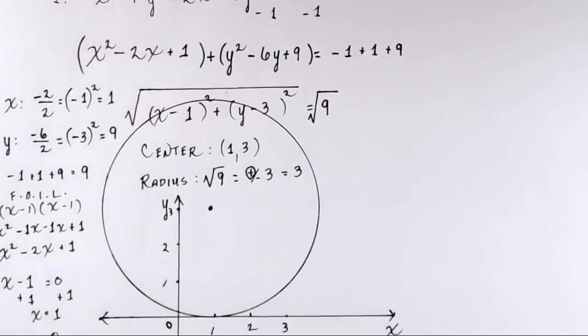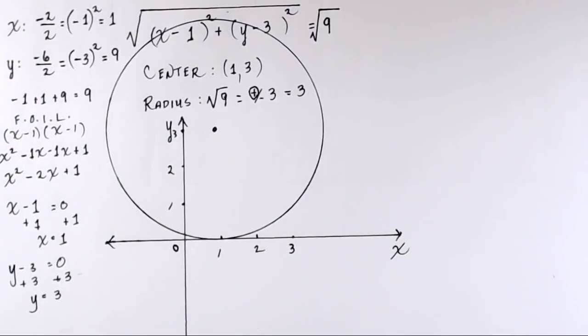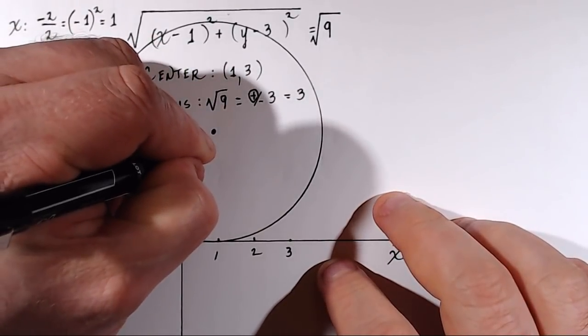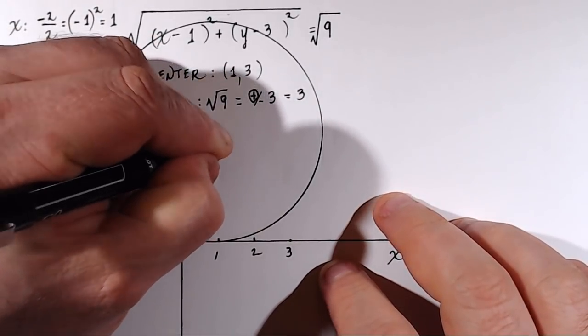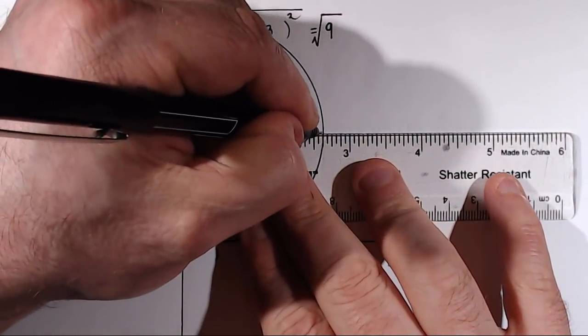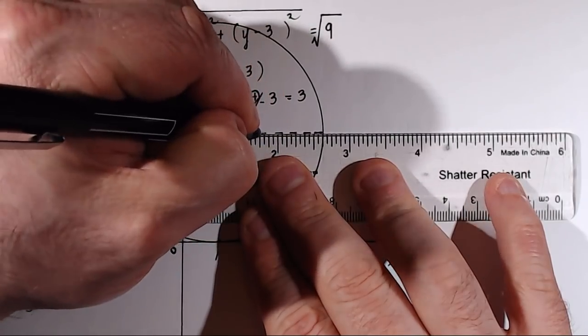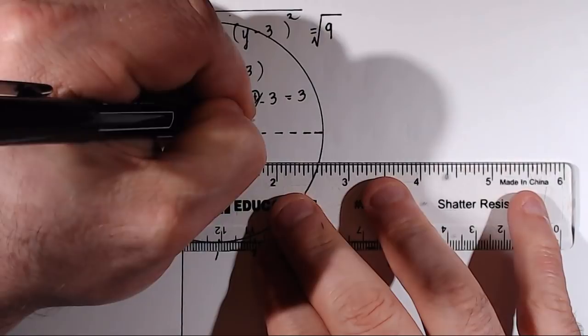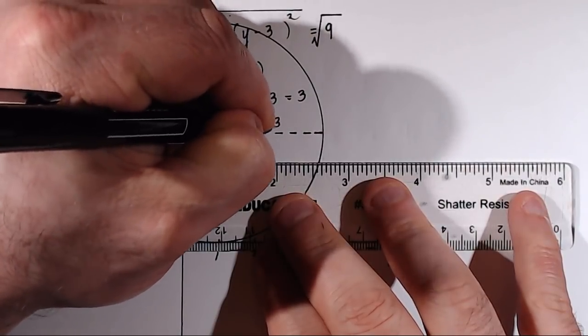Okay, so that is how you draw the circle once you find its center and radius. It probably won't look like that in the answer choices, but it will still have the same characteristics. This will be 1, 3, and the radius of the circle, this distance from the center to the perimeter, will be r equals 3.